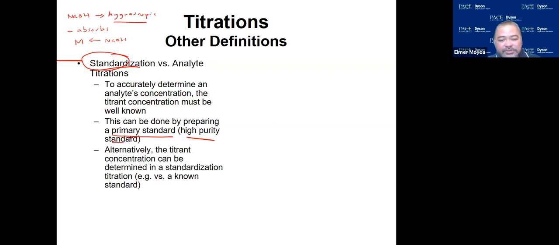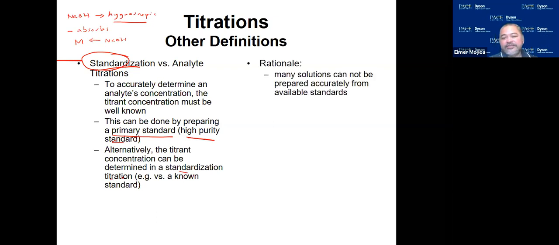When you do this, the titrant concentration determination can now be called standardization because you're reacting it with a standard. Many solutions cannot be prepared accurately from available standards, so you standardize them. An example is peroxide. Peroxide can decompose to give you water and oxygen.